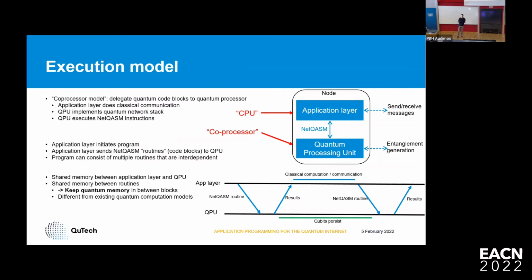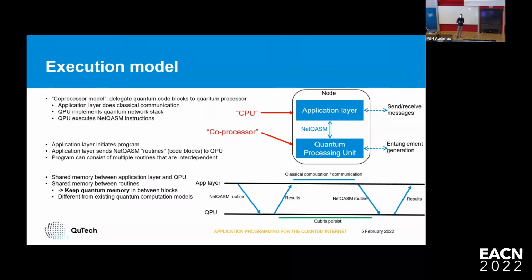If you have a program for a node in a quantum network, how would you execute this? The model that we use is similar to quantum computing. In quantum computing, you can run classical code on a normal PC, a normal CPU, for example.